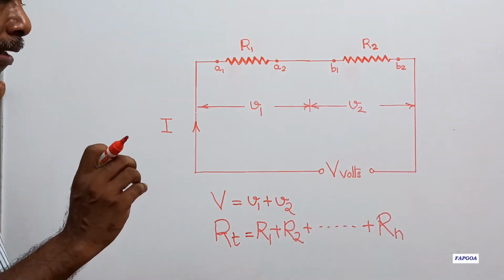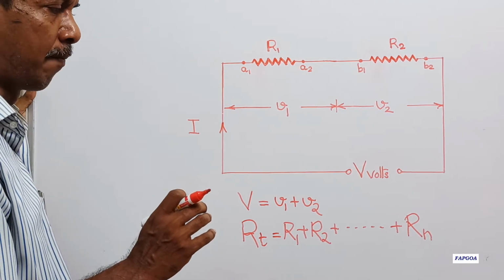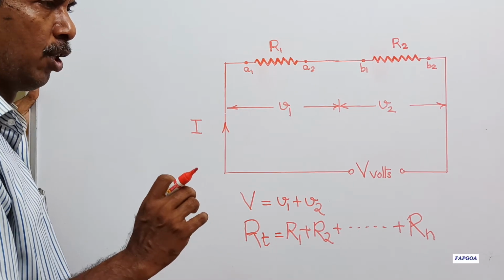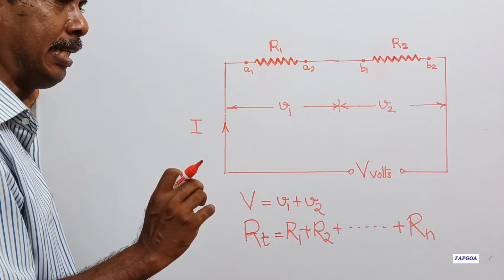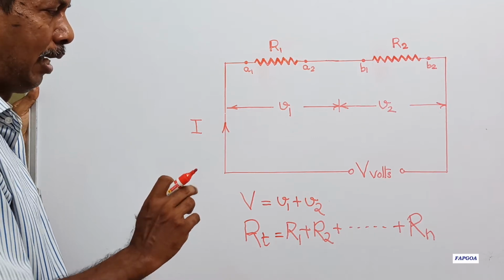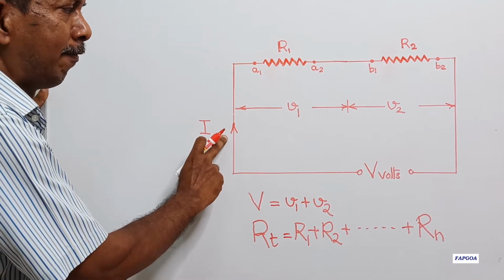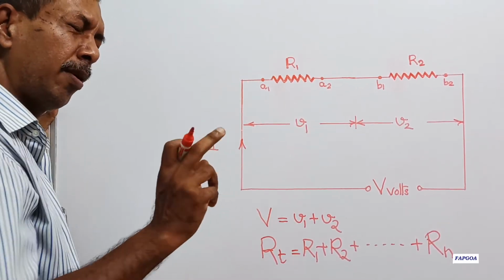So let us recollect all three features of a series circuit. Feature 1, the voltage drops across each resistance in a series circuit. Feature 2, electric current flows in one direction.